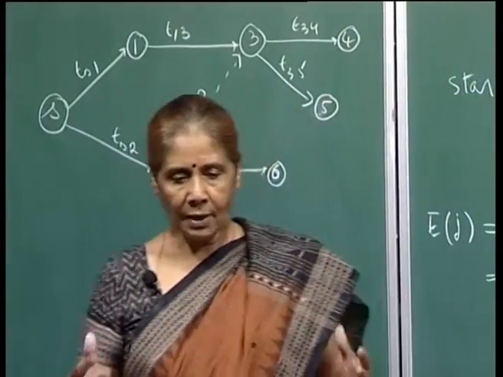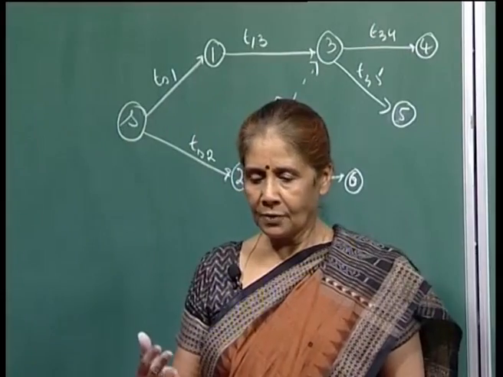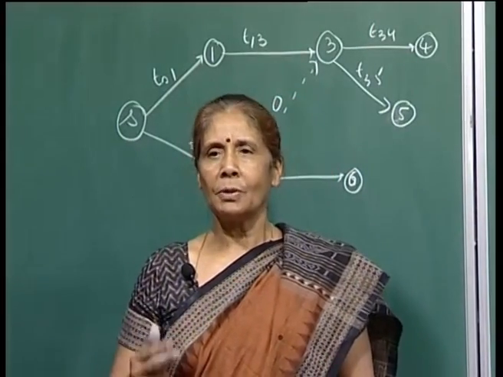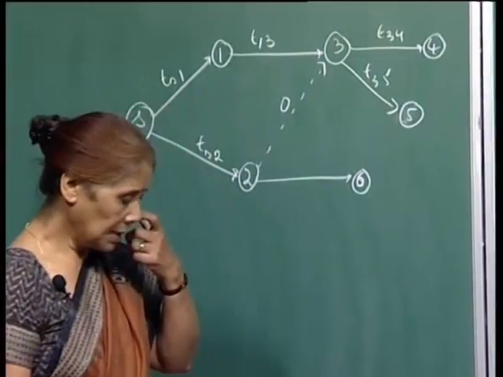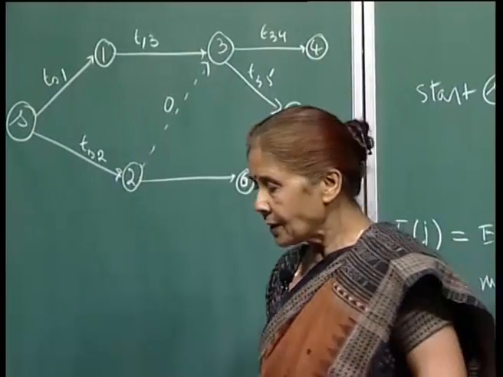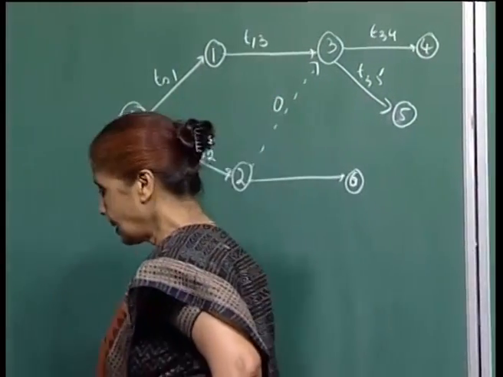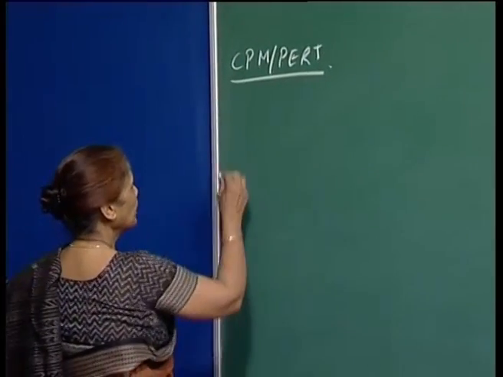The whole idea is that the project should not get delayed unnecessarily, and if you have a schedule, you should manage to keep up to the schedule. So, I will give you a few examples, so that you understand where these situations can occur. Here, first I will talk about the critical path method.